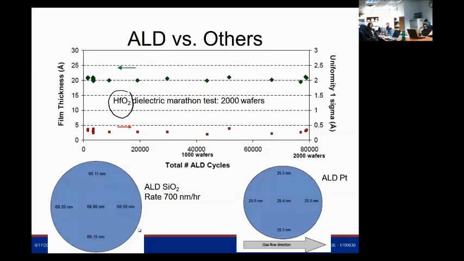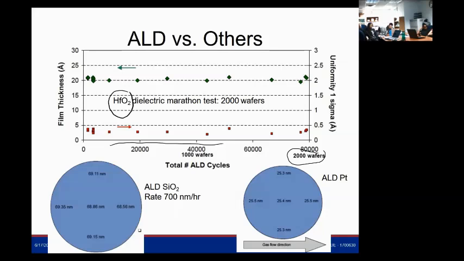So they have done a marathon test. They have coated 2,000 wafers, okay, 2,000 wafers with hafnium oxide. And this is now showing you the total number of wafers. Yeah, 2,000 wafers has been reached.